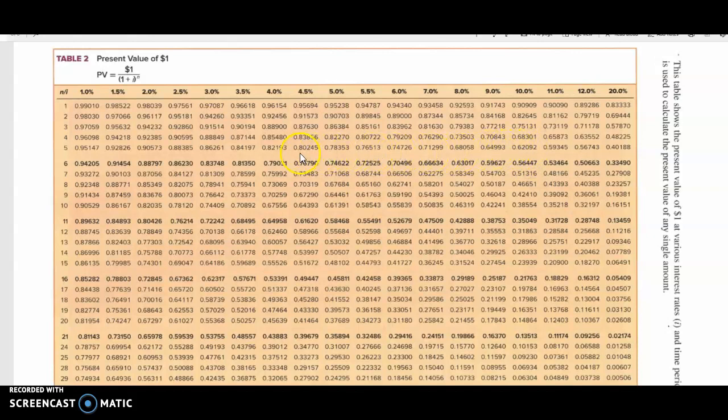And you read that over to the left till you come to n equals 5. So it will take approximately 5 years to accumulate the extra $6,000, making your balance in the account grow from $10,000 to $16,000.